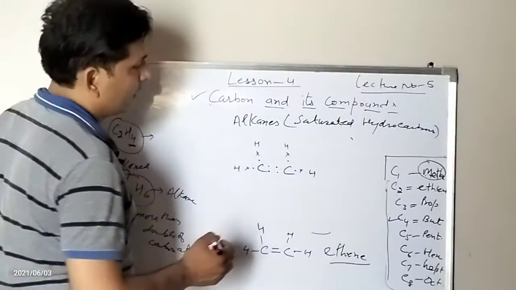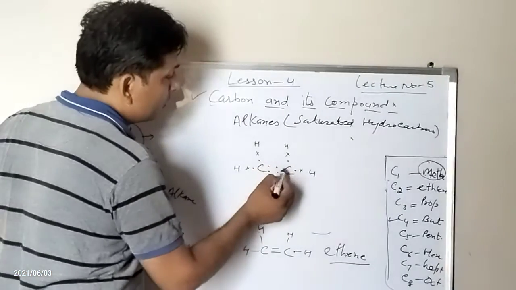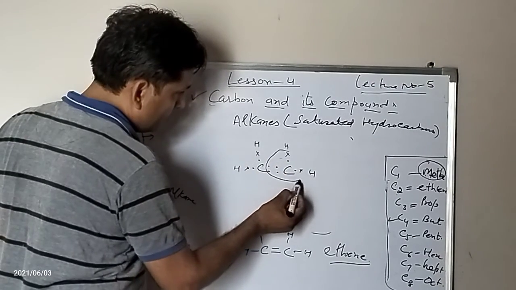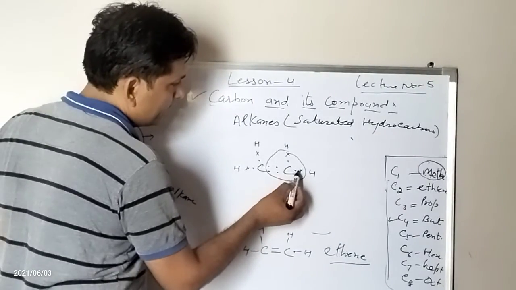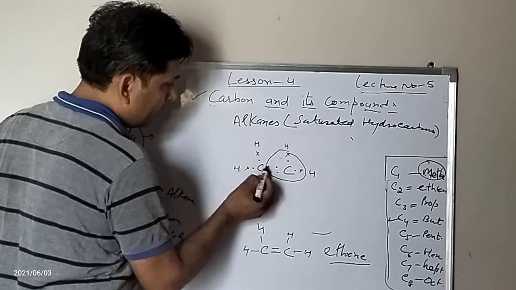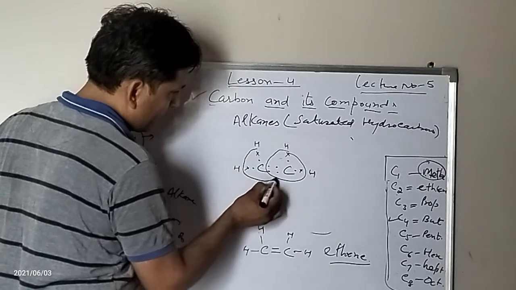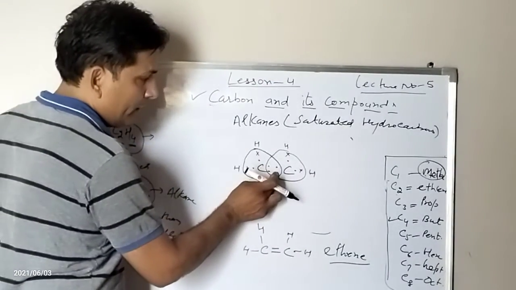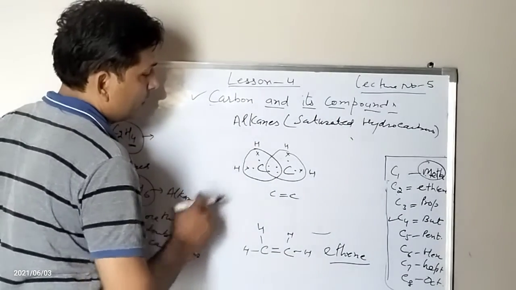Now look at the number of electrons with each carbon: 4 plus 2 plus 2, 4 plus 2 is 6, 6 plus 2 is 8. And the number of electrons with this carbon, 4 plus 2 plus 2, means 8. How many pairs of electrons are shared? Two pairs. Therefore, the double bond is there between the two carbon atoms.